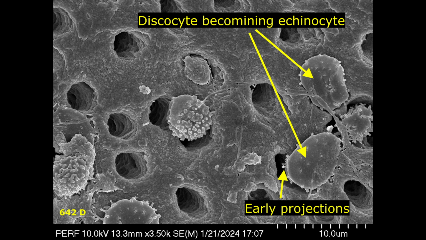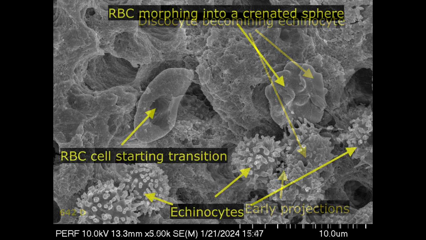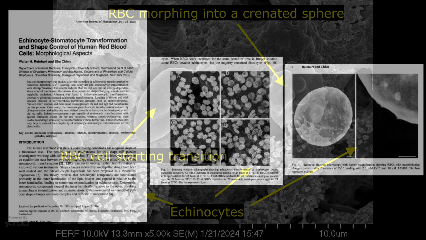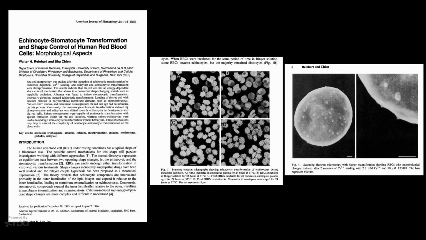So now these pictures are starting to make quite a bit more sense. Here's another one from Reed's case, and you can see one stage where the RBC is starting to transition, then another where it's further along, and then the final stage.